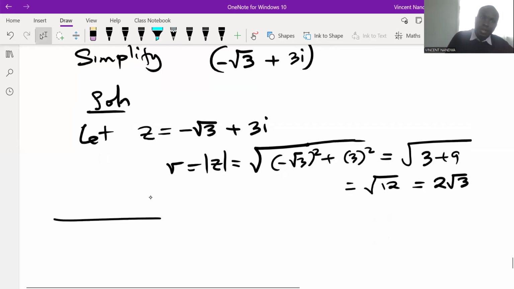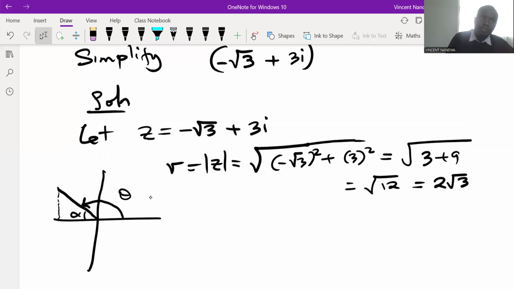And then you need to get the argument, and this number is in the second quadrant. If I call this one alpha, note that this will be the argument, which is theta.